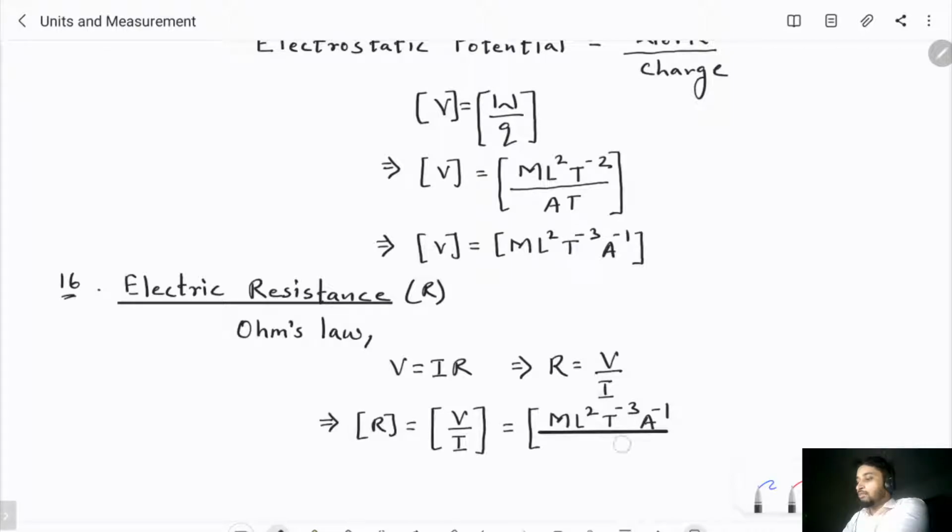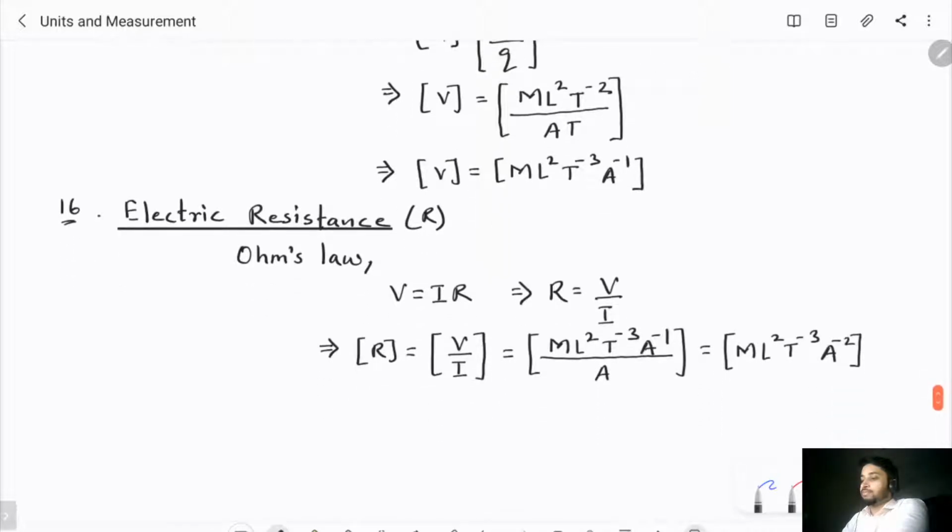for I we have, current is a fundamental quantity and the dimensional formula is A. So upon simplification it becomes M L square T to the power minus 3 A to the power minus 2. Okay.